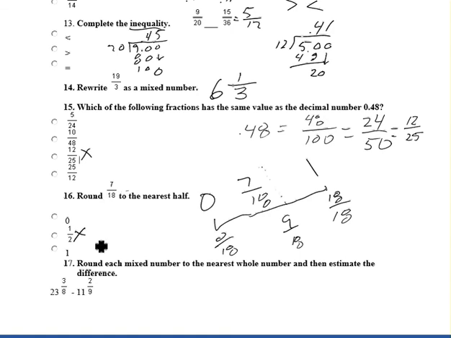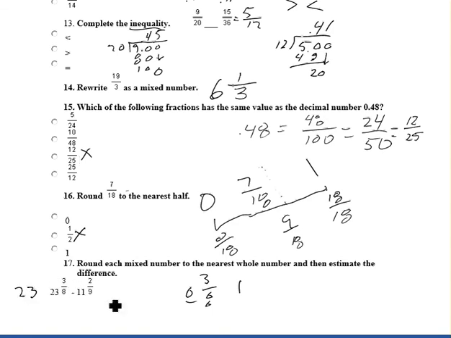Okay, round each mixed number to the nearest whole number, and then estimate the difference. Okay, so 3/8, is that closer to 0 or 1? 4/8 is half, so it's closer to 0. So I'm just going to leave that as a 0 and make this 23.